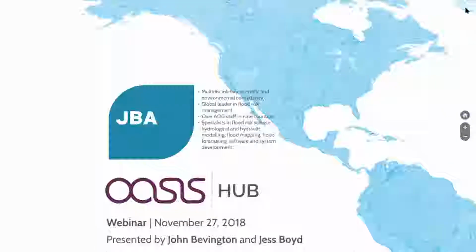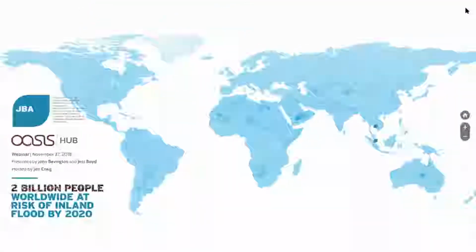So overall, we've now got over 600 people across the world in 25 offices in 9 countries. They're shown here. And really, at the core of JBA, we place a great deal of importance on collaboration, both between our teams, our offices and disciplines, but then also with third parties. We're really trying to work together to provide the best service for our clients.